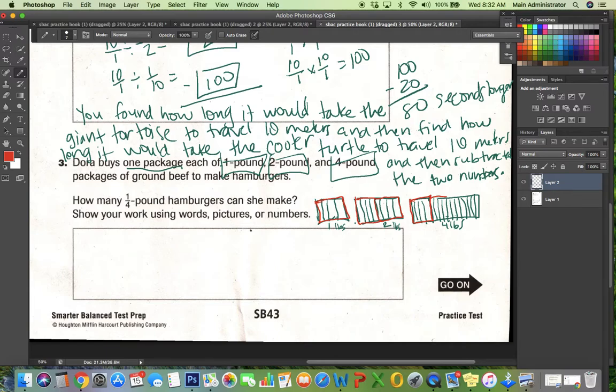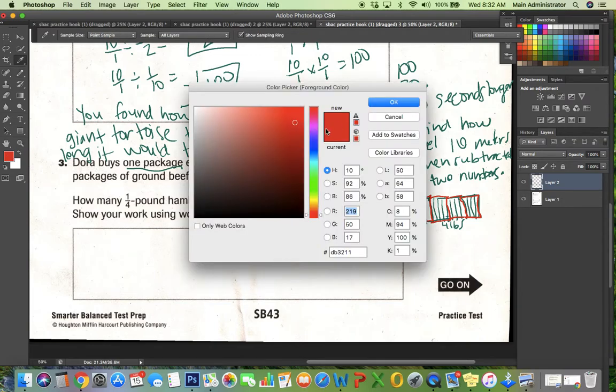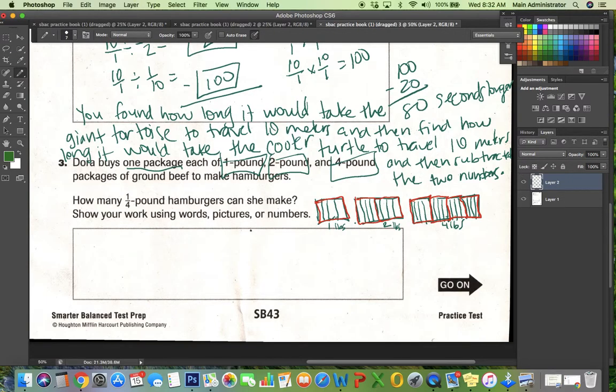And 2 pounds, 3 pounds, 4 pounds. Not the best picture, but you kind of get it. Okay. So we'll go back. That looks good. All right, and it says, how many 1/4 pound hamburgers can she make?